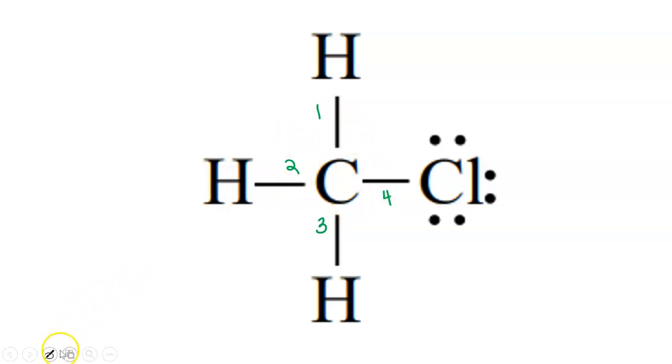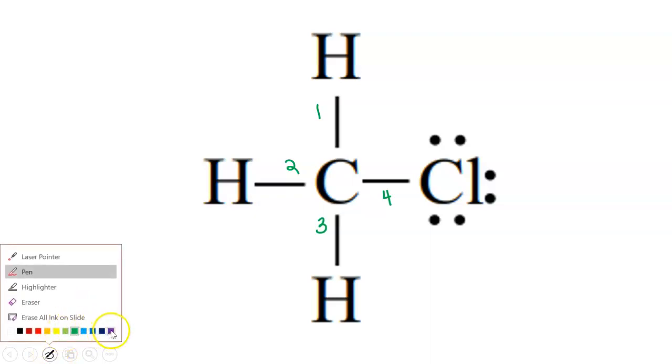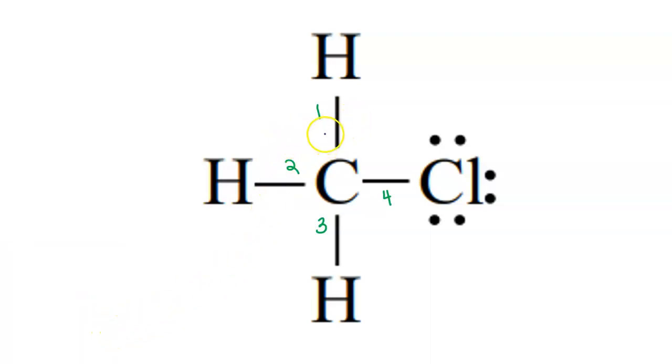Or if you're talking about singles, for those who want to think about it in singles, you have 2, 4, 6, 8. So remember, we have 14 minus 8, that leaves us 6 valence electrons that we still have to put out there. So each hydrogen atom has a pair of electrons, which is all it can handle. Remember, only 2 electrons for hydrogen.